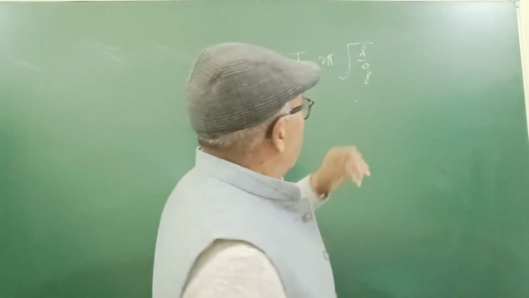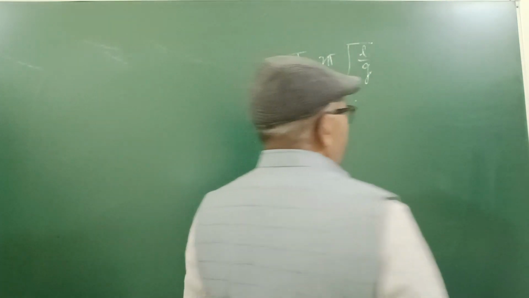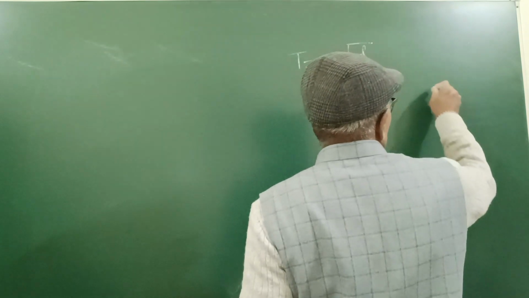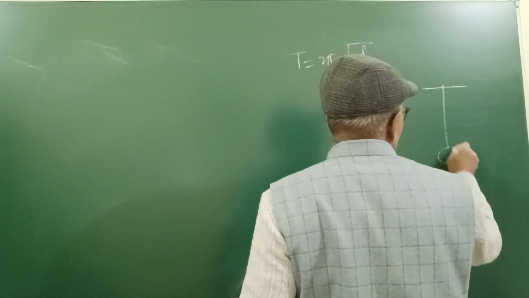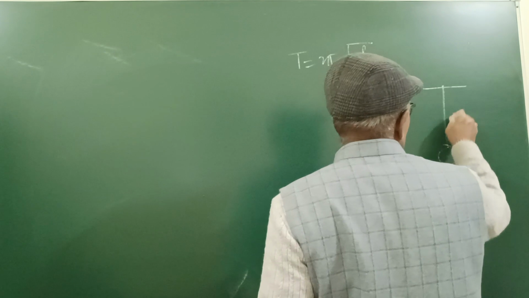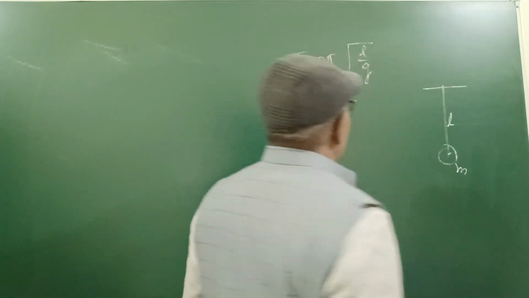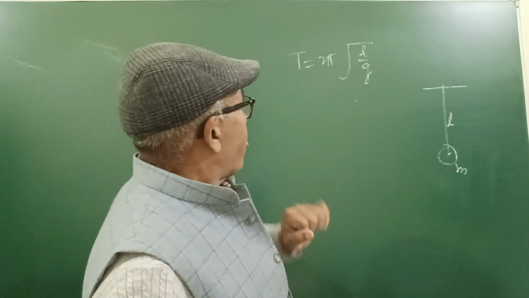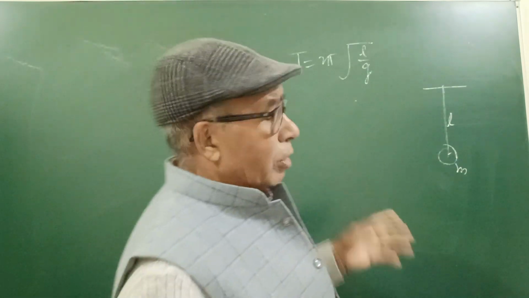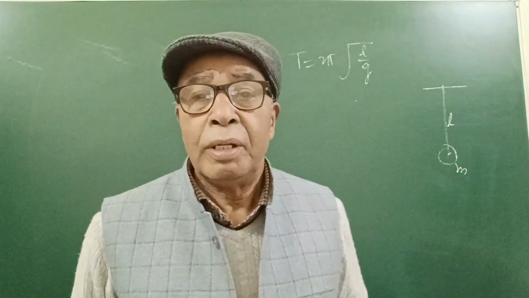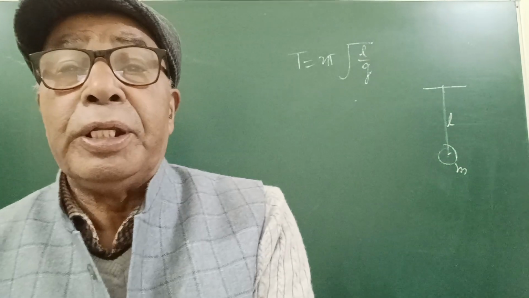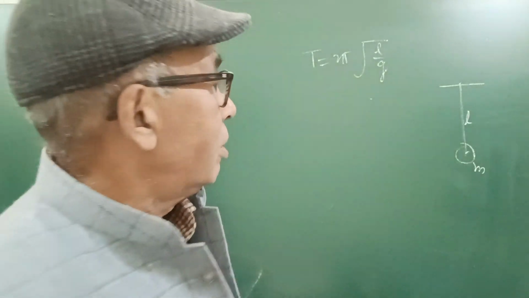If the mass of the bob changes, the pendulum has a bob of certain mass and length L. So mass is not there. Whether you increase or decrease mass, the time period does not increase or decrease, no change.